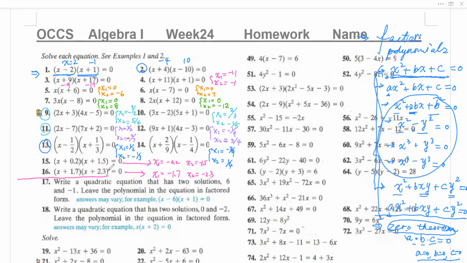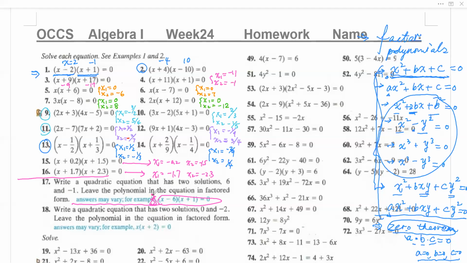All right, we finish this part. See, number 17: write a quadratic equation that has two solutions, 6 and -1. So this one is already here, right? Sometimes you can add an additional coefficient in front.